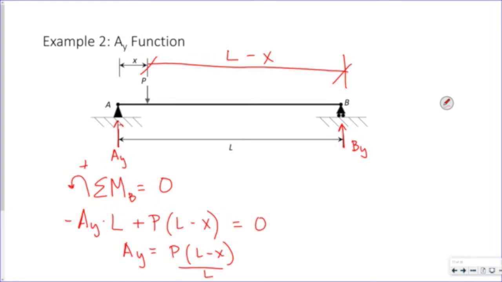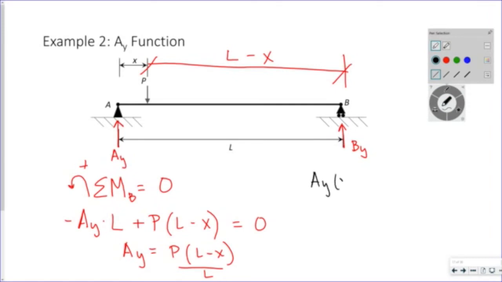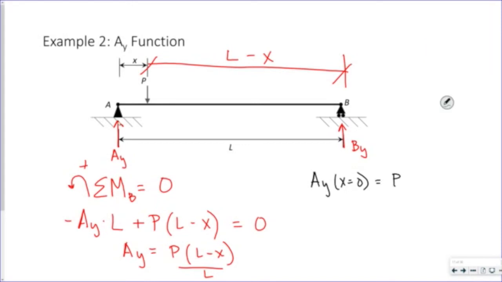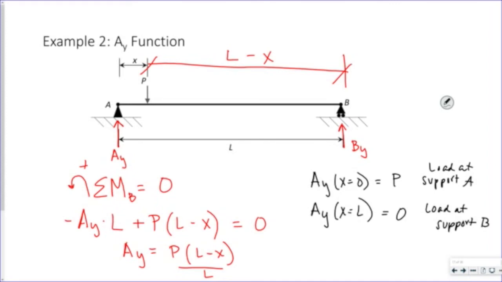So if my function is over at my reaction B, X is equal to L. AY at X equals 0, which is support A, I get P. Load at support A. AY, my vertical reaction at A, if my X is equal to L, I get L minus L, so 0, load at support B. Makes sense, right?